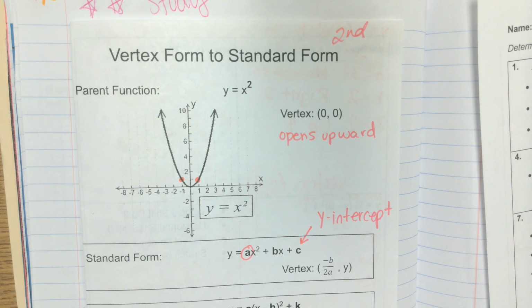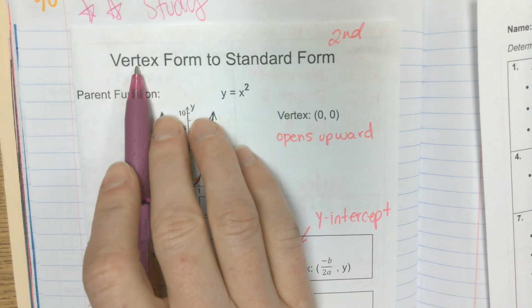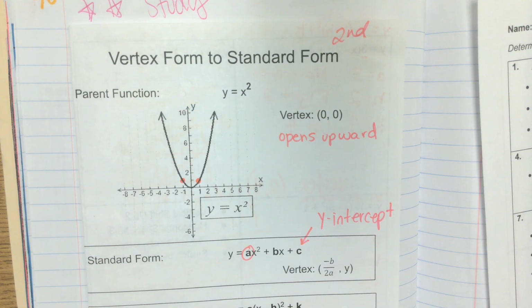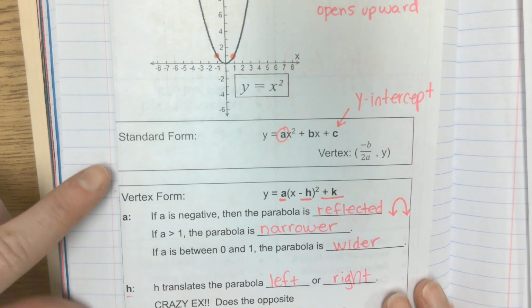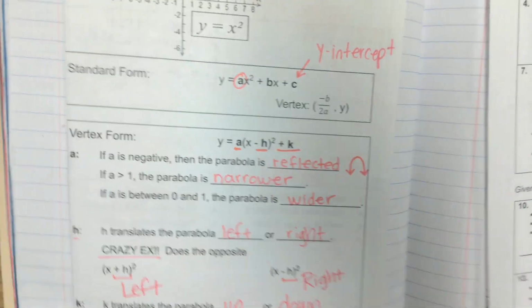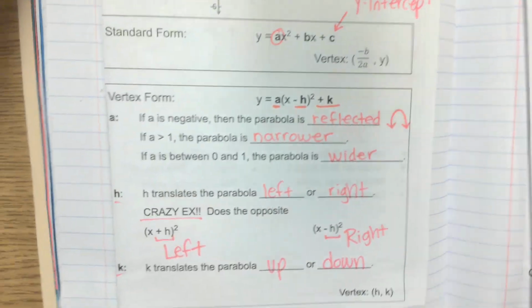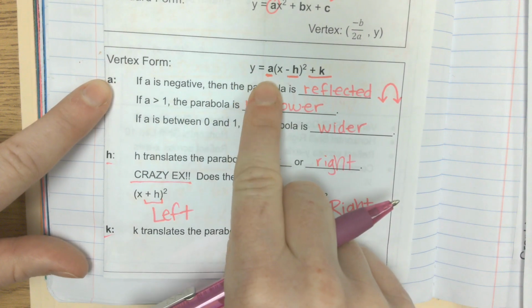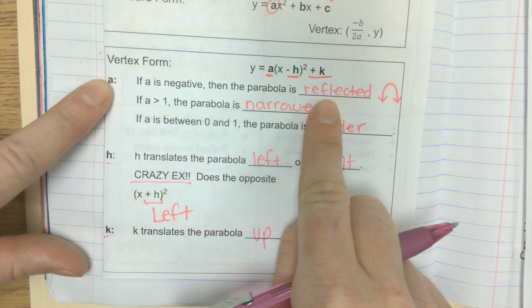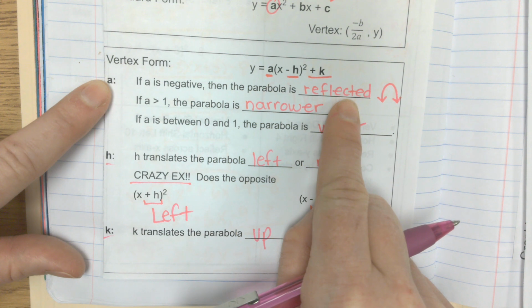We are going to look more at how to do transformations. So vertex form, a standard form. Whenever we do transformations, we look at all the different ways that it can be transformed. So we did this before, where we looked at the A of this equation. If it's negative, it reflects.